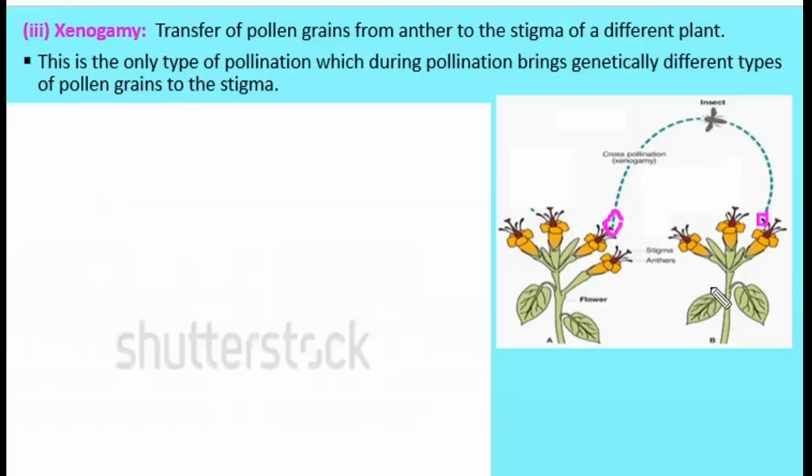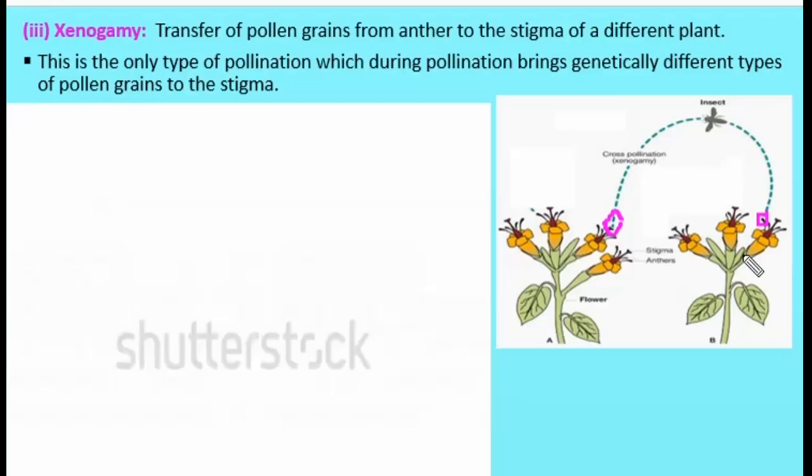Remember, these two flowers are present on different plants. So it is functionally as well as genetically cross pollination, because the pollen grains and ovules are from different parents. Is it clear?